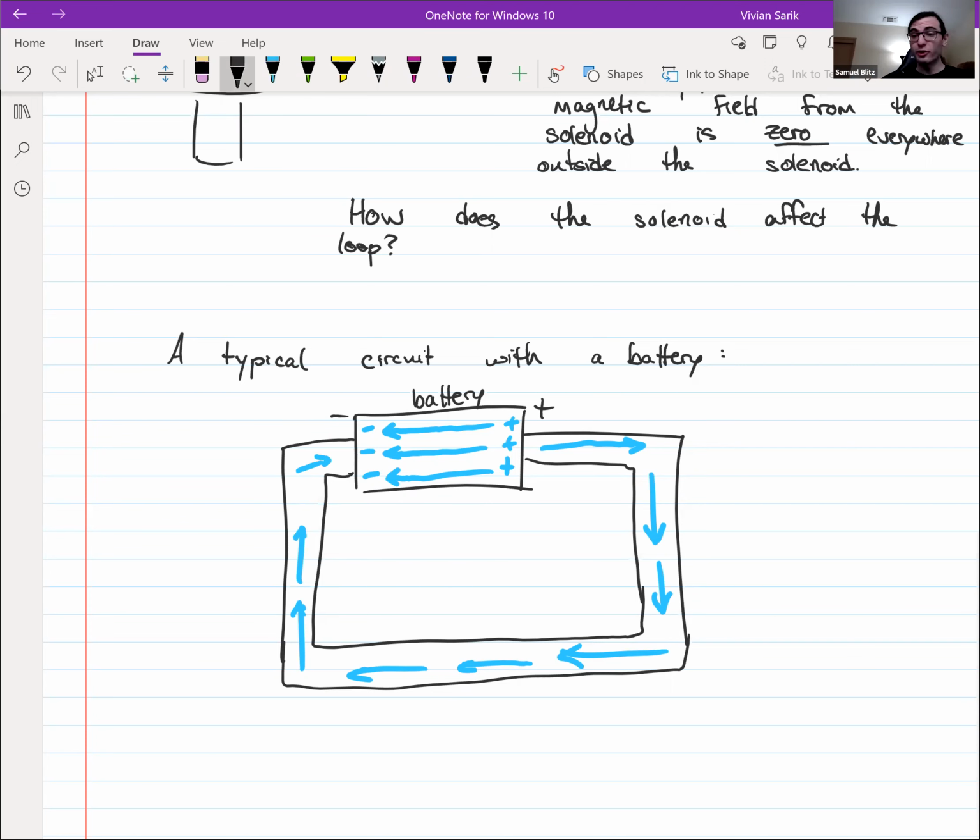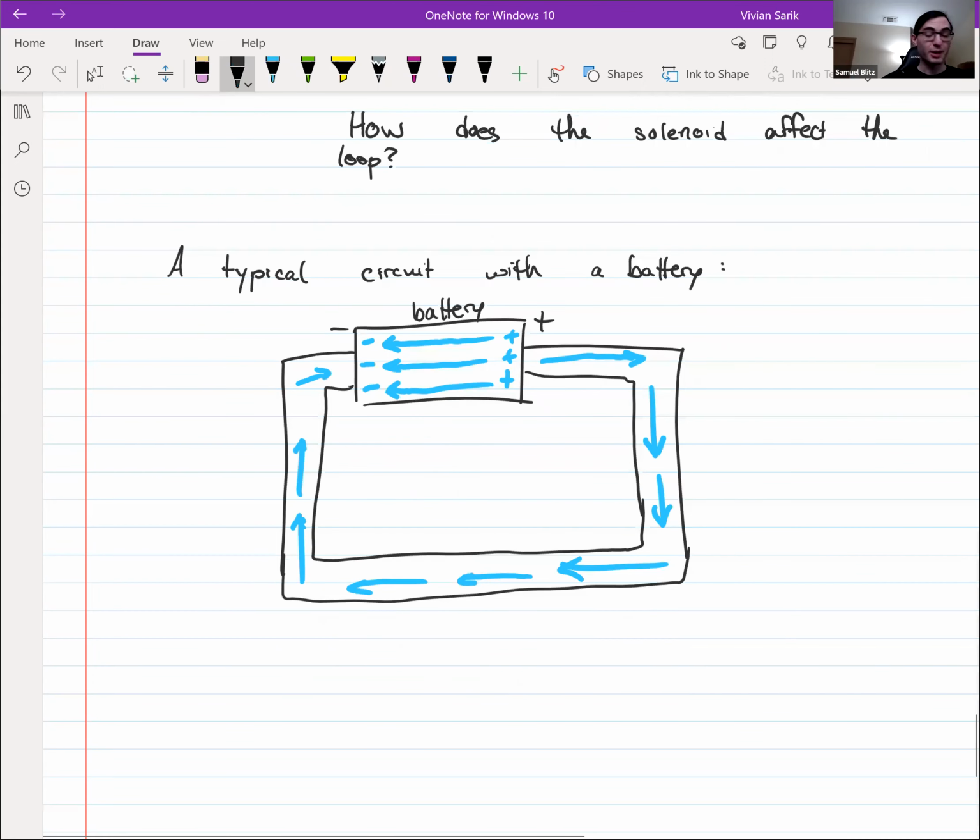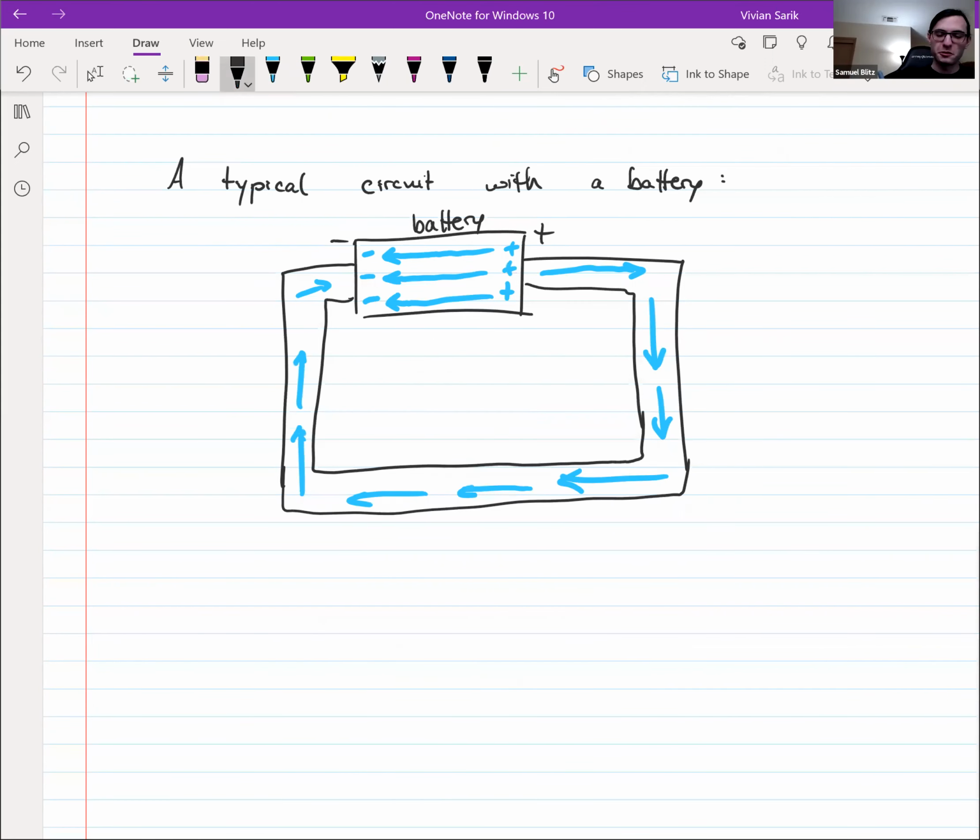So Kirchhoff's loop rule is actually just a statement about fields. It's a statement about the electric field. So Kirchhoff's loop rule, which says that the sum going around a loop of the change in voltage is 0, right?